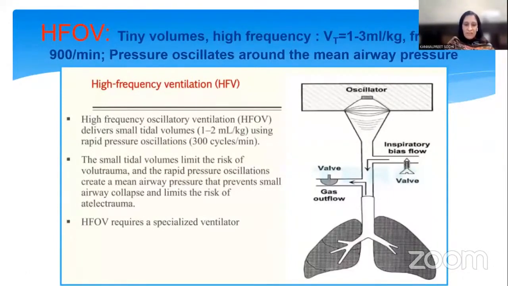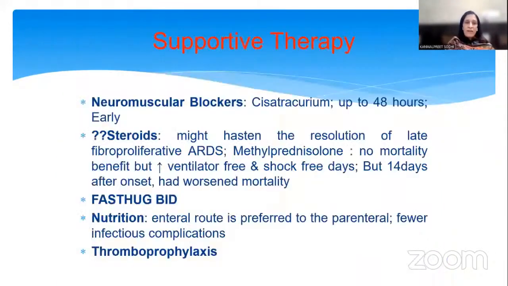But this requires a specialized ventilator, and it is constantly used in neonates, but not very useful for adult ARDS. Supportive therapy, yes. Neuromuscular blockers, clearly yes. For cisatracurium and other neuromuscular blockers up to 48 hours, studies have shown that yes, they are beneficial.